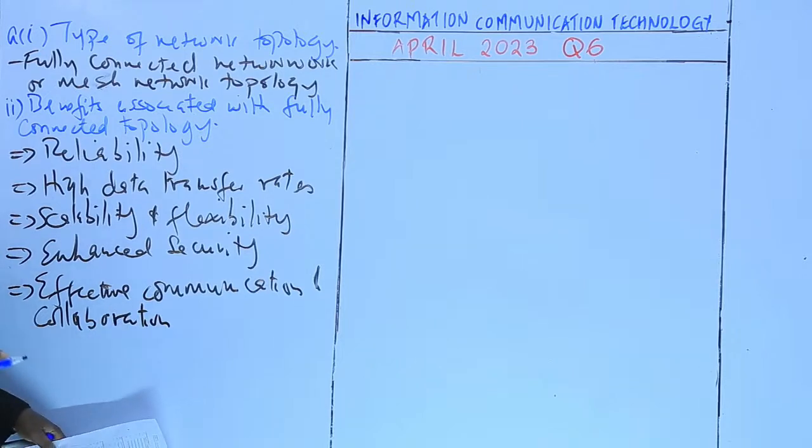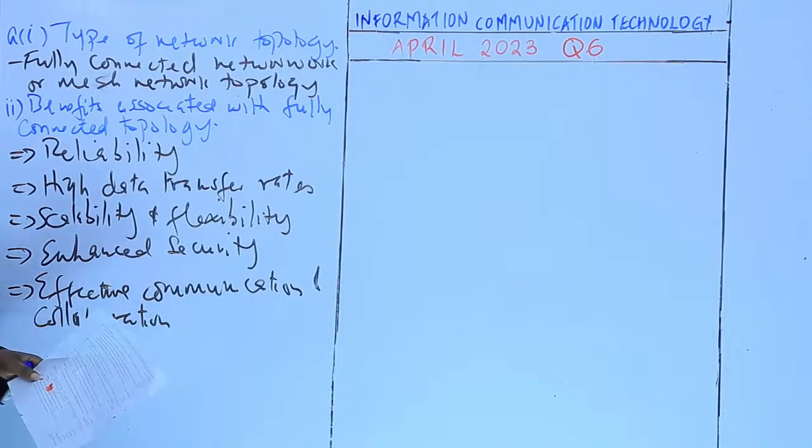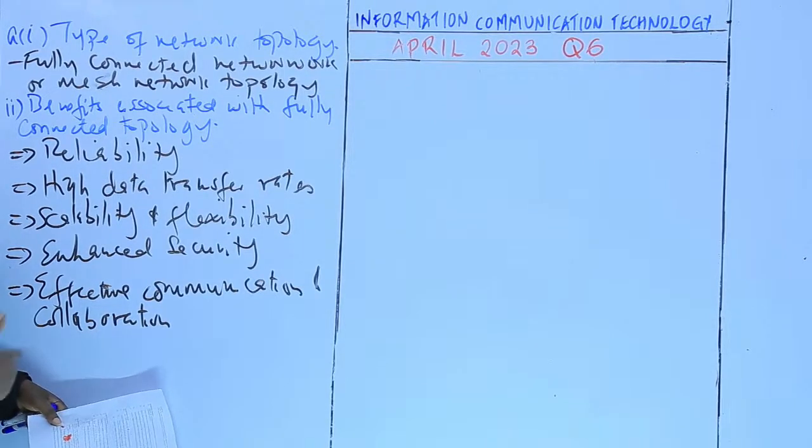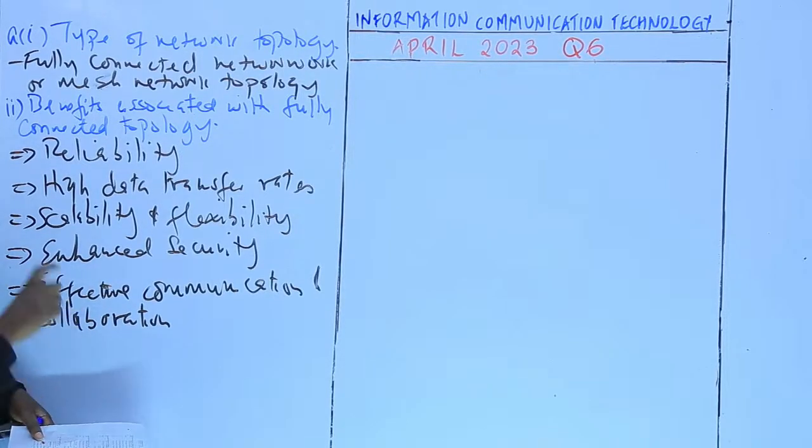It leads to effective communication and collaboration because it enables direct communication between any 2 nodes in the network, and that facilitates effective collaboration and information sharing among network users. It also promotes effective teamwork and coordination within the organization.